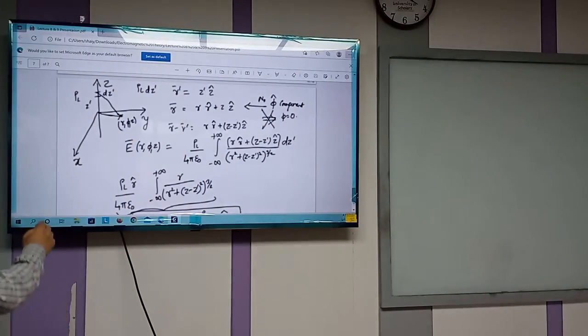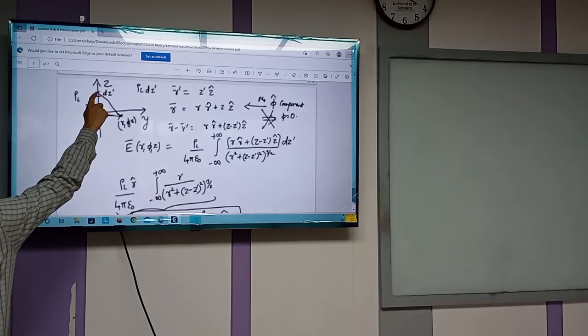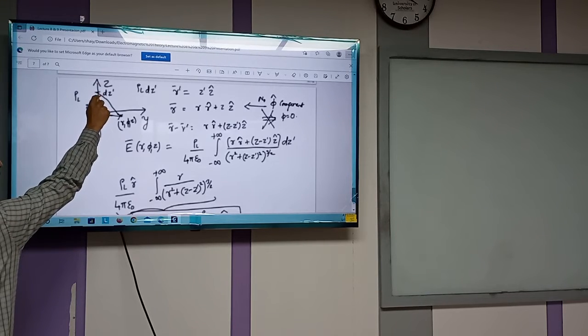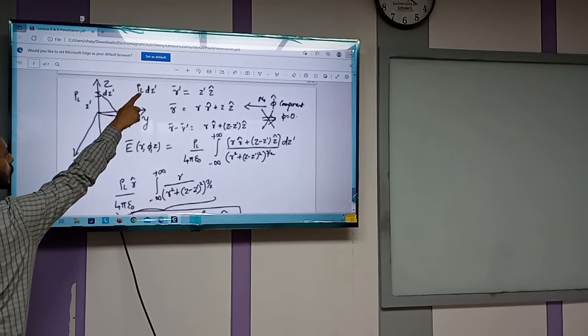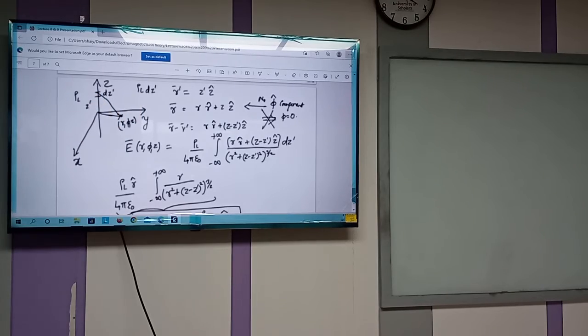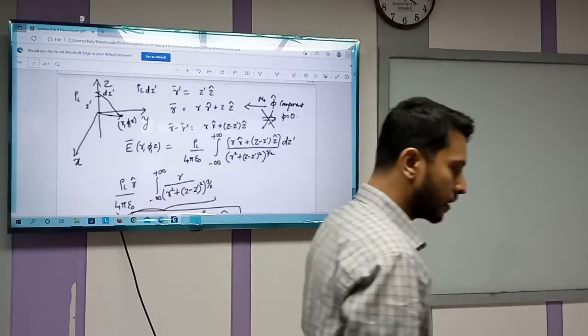The density of charge here should be this dz bar times rho L. So that amount of charge will be present there.